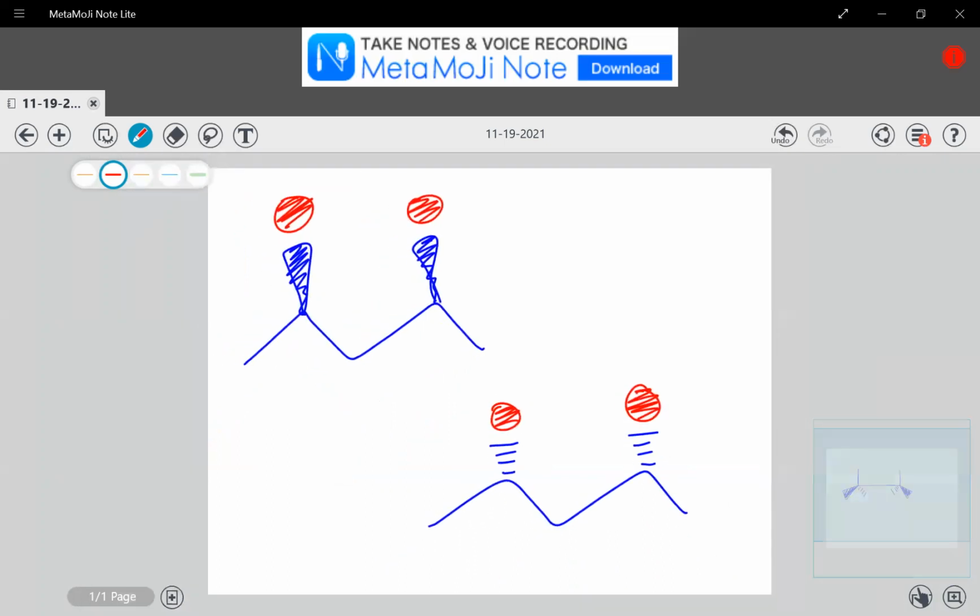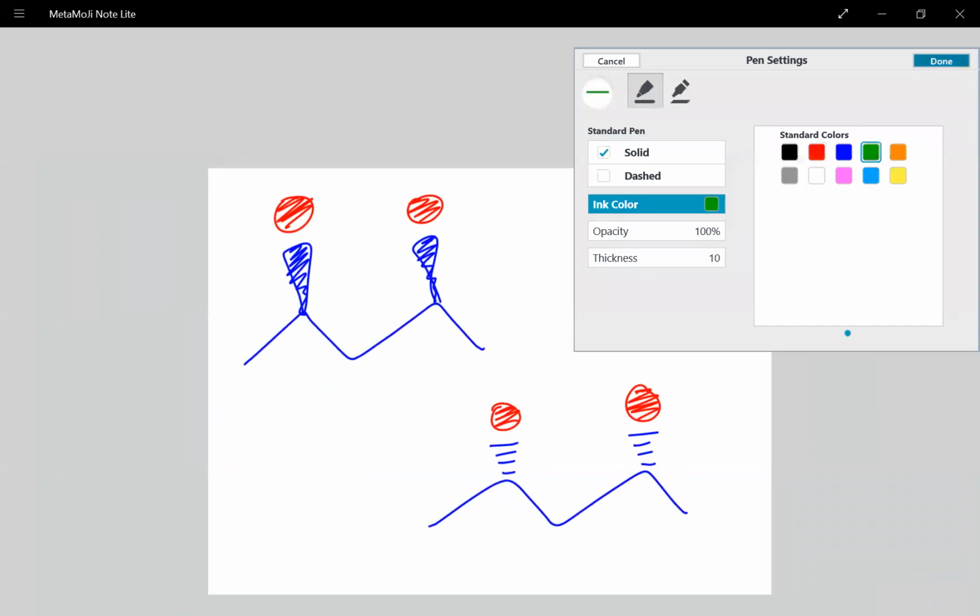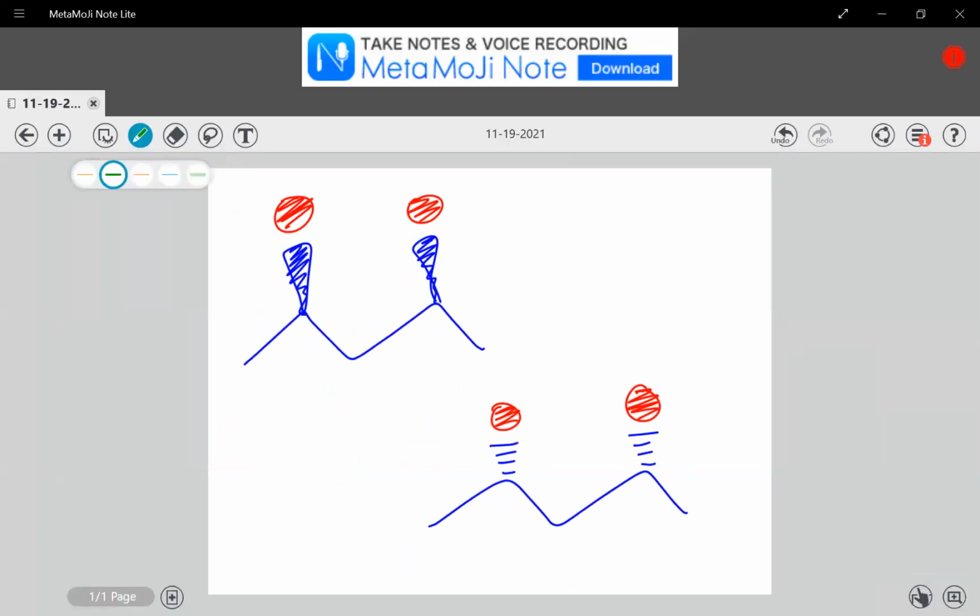And what's really cool is that these 2 molecules are actually meso isomers of each other.